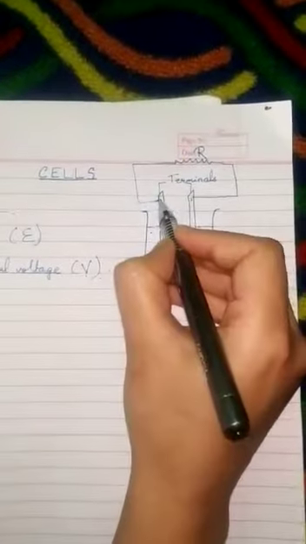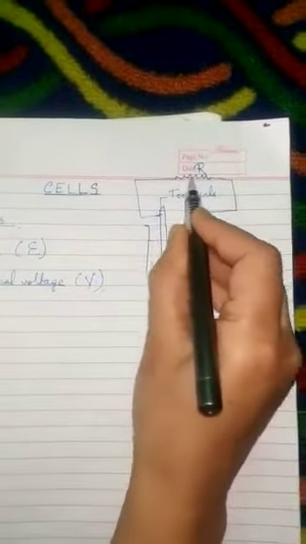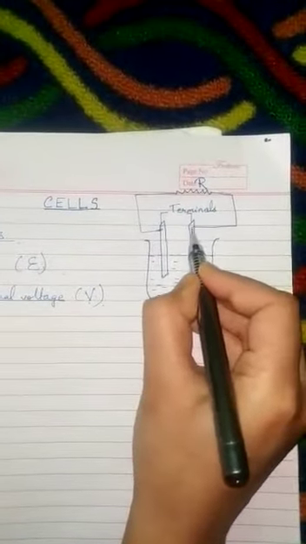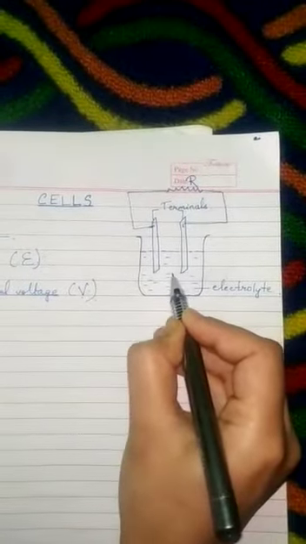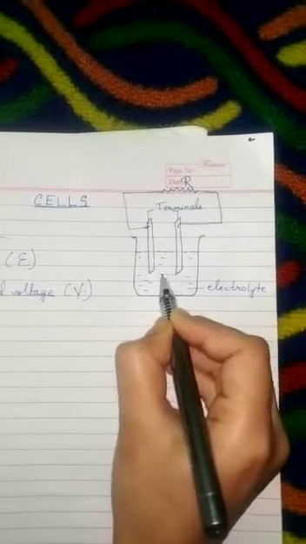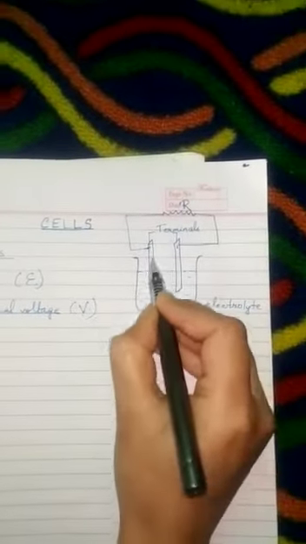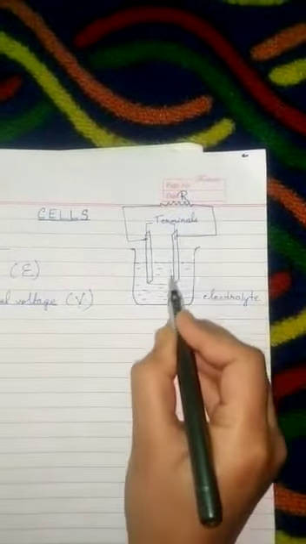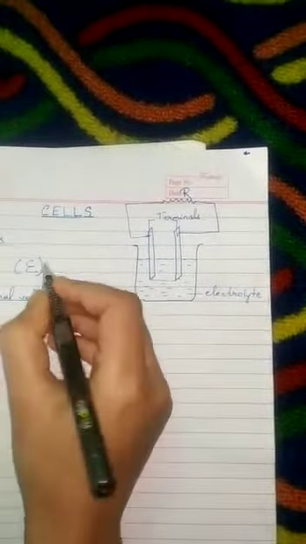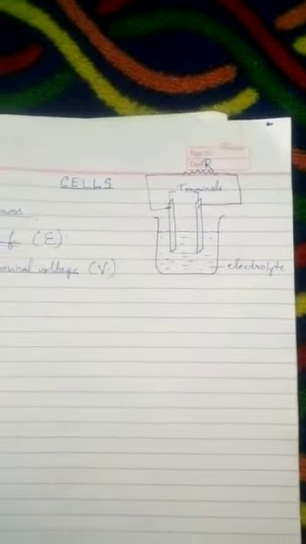That means you take a positive charge starting from here through this path, and then you also have to take the charge from inside the cell. That means you take the charge through the entire circuit. That amount of work done will be equal to the EMF of the cell.